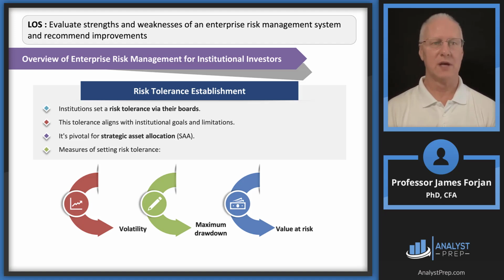All right, let's move on to this last LOS here, overview of enterprise risk management. Let me give you just a quick history lesson. This has been around for decades, but it became super popular after the 2008 financial crisis, mostly because individual investors, institutional investors, and everybody else concerned about the economy found firsthand that when you have a crash, the correlation coefficients, which we were depending on to give us diversification benefits, all moved together and they moved to 1.